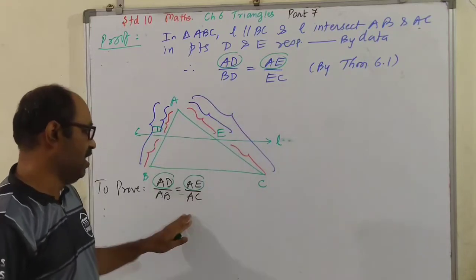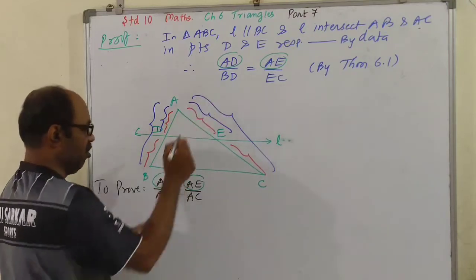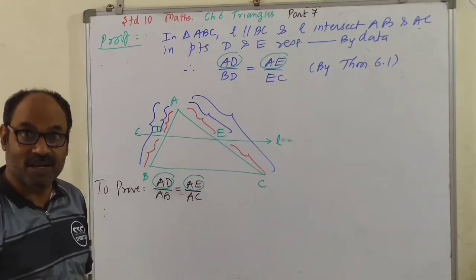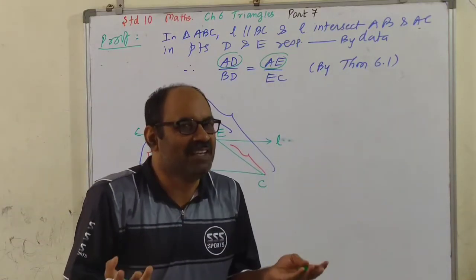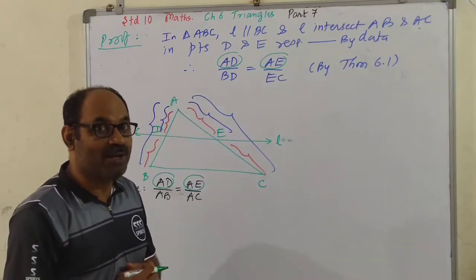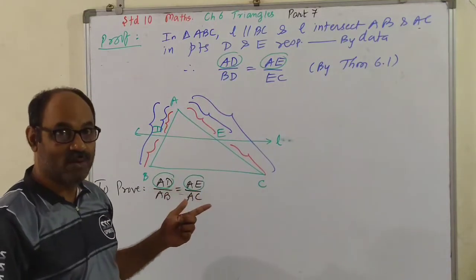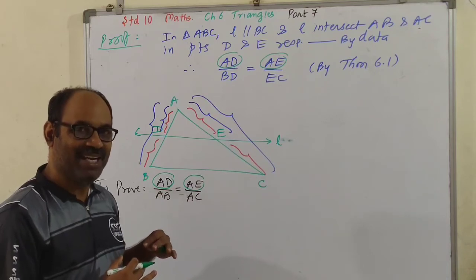AB और AC नहीं है, ये तो BD और EC. मतलब आपको BD को AB में कन्वर्ट करना होगा और EC को AC में कन्वर्ट करना होगा. वो कैसे? By using componendo or dividendo. But when you use componendo or dividendo, what you want is AD and AE in the denominator, है ना?